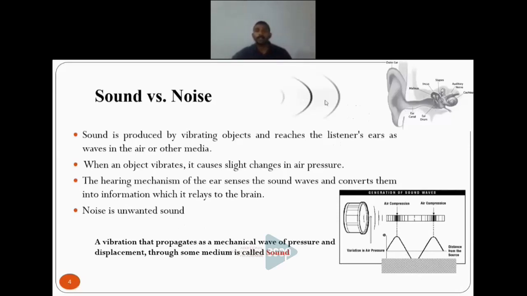These are the waves produced by the vibration of the object, which reach the outer ear, called the pinna, and through the ear canal reach the eardrum. The eardrum vibrates, and the vibration makes a bioelectrical signal which reaches the inner bones, the malleus, incus and stapes, and further the fluid-filled structure, the cochlea. From there it is transferred to the auditory nerve and reaches the brain, where it is recognized as sound. That is how sound is formed.